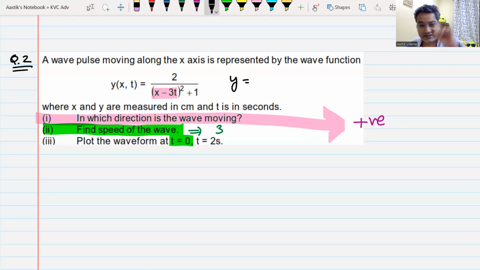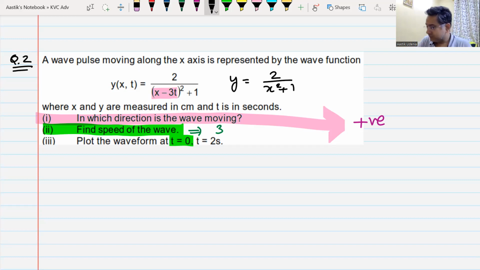It is a snapshot of the wave. So it looks like this form. Out of the graphs they give you, find which graph is this one and mark it with a tick. Do we understand this? Yes, sir.